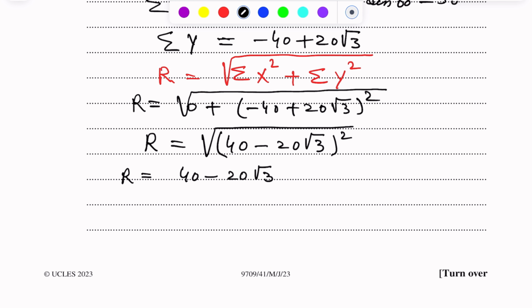This is the answer, the magnitude of the resultant force.